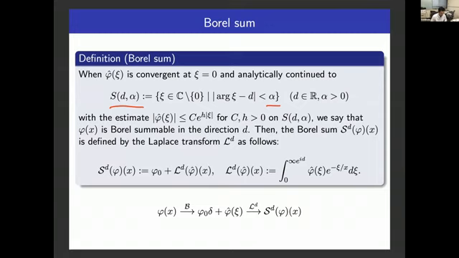And also, phi hat xi satisfies this estimate on the sector for some positive constants C and H. Then we say that phi x is Borel summable in the direction d. Then the Borel sum S_d phi is defined by the Laplace transform L_d as follows. So in this way.